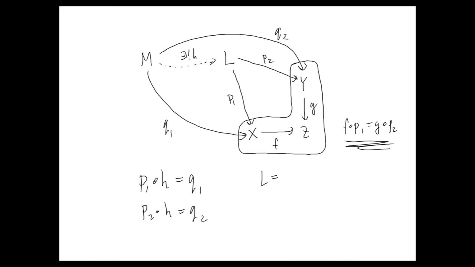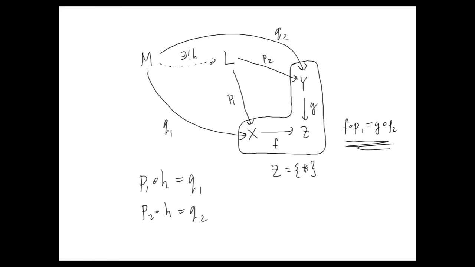Remember that if there was no f and g, we can actually consider a special case of this diagram which makes them disappear. Let's take, just for the sake of example, the case where Z is a singleton.